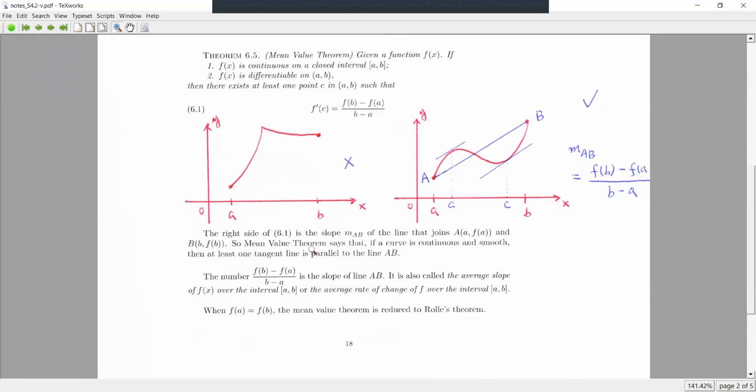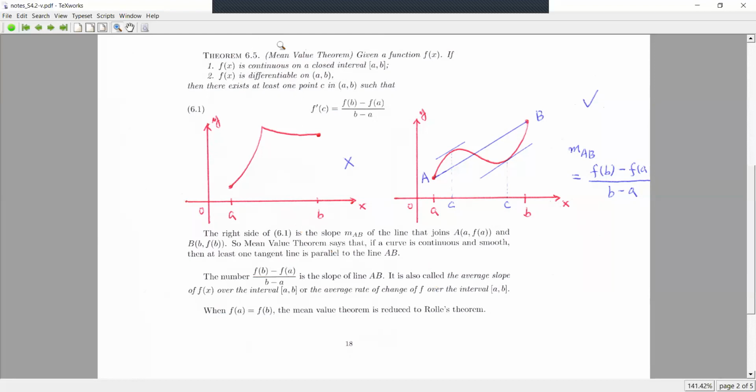So the mean value theorem essentially says that if a curve is continuous, condition 1, and is smooth, condition 2, no corner, smooth, then at least one tangent line is parallel to the line AB. Essentially, mean value theorem says this.